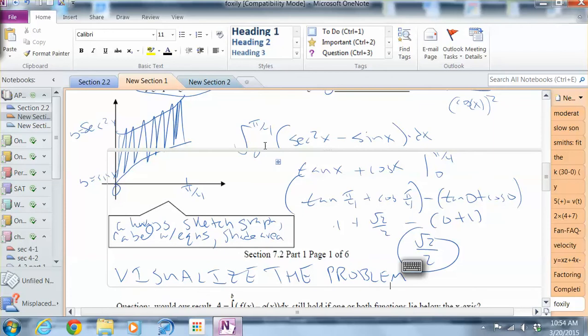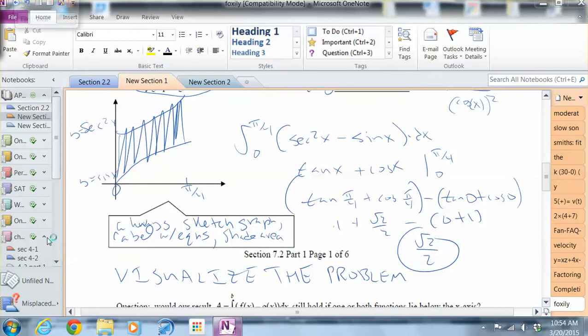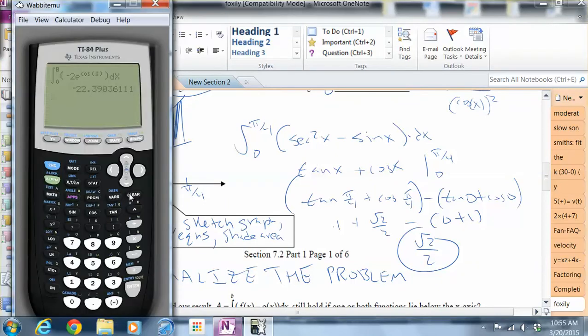Now you could do this in the calculator. So I pull out the Wabbit app. Excuse me. So you can always just graph it like 1 over parentheses cos x, squared, and sine x.